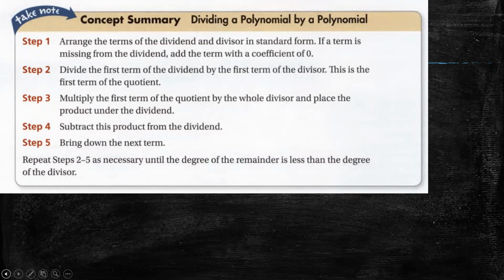Then the second step. These steps will help you. Divide the first term of the dividend by the first term of the divisor. This is the first term of the quotient.